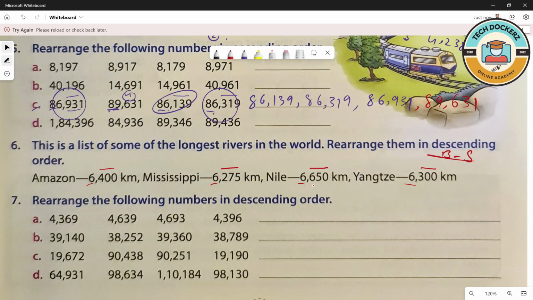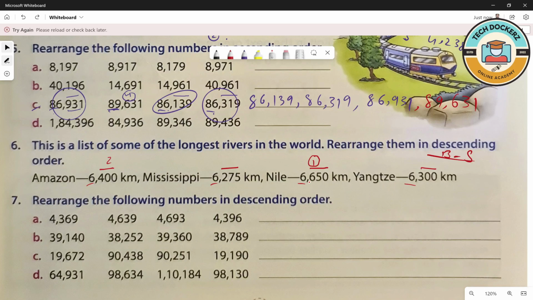The biggest number is the one starting with 600. So this is our first number, the biggest number, 6650 kilometer. All right. What will be our second number? The ones period starting with 400. So after 6, the second number will be 400.